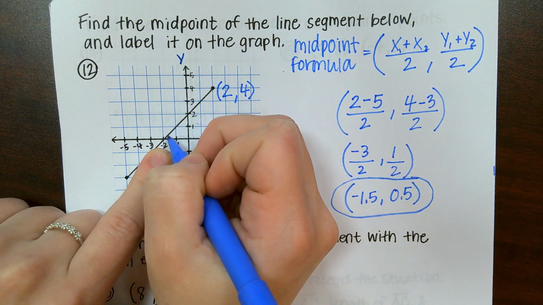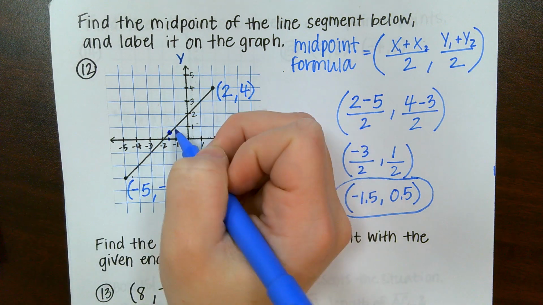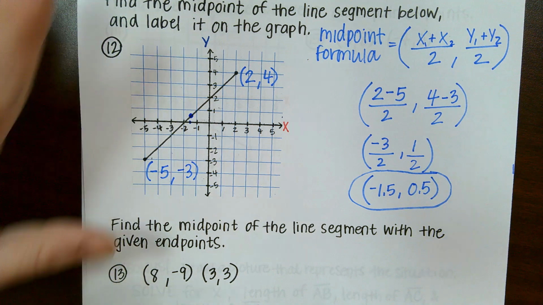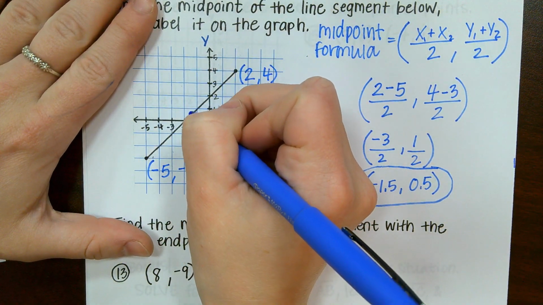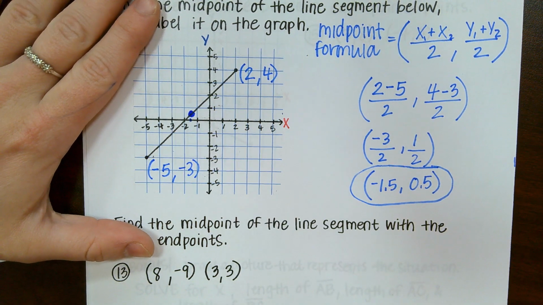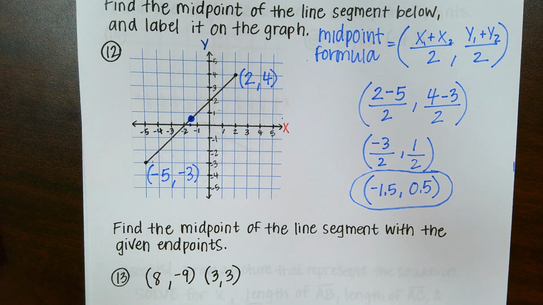So not up fully to 1, just about halfway. And look at that, that looks about right in the middle. So I know this answer is correct. And we don't want to make our graph too crowded, so I'm fine if you just draw the point. Just make sure you have your coordinates circled. So there is number 12.